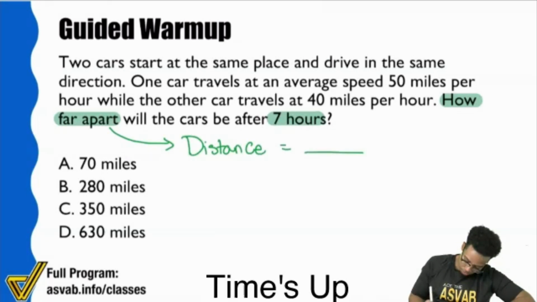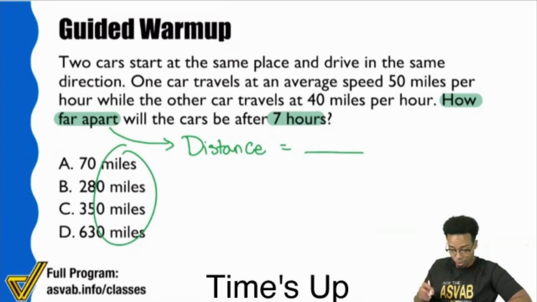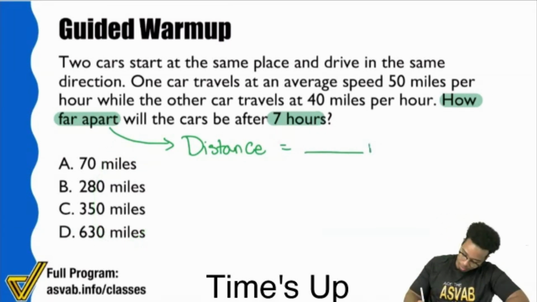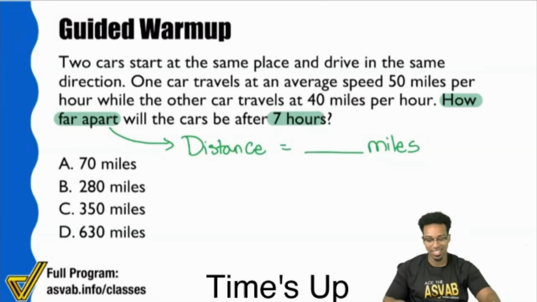Distance equals blank. You look at the answers. Answers tell you miles. The answers all say miles, so we know that my answer is going to be miles. And then from there, everybody, what else did we get from highlights here? What else is highlighted that we should write down?